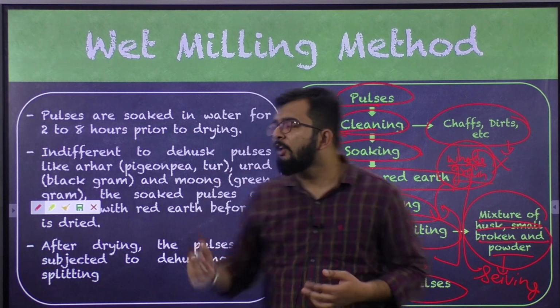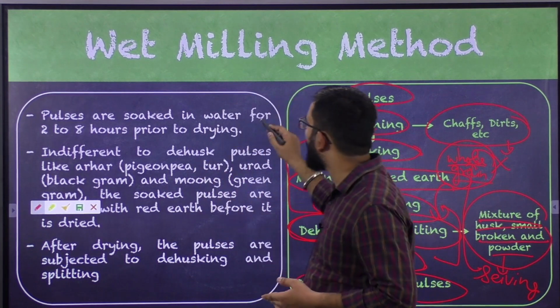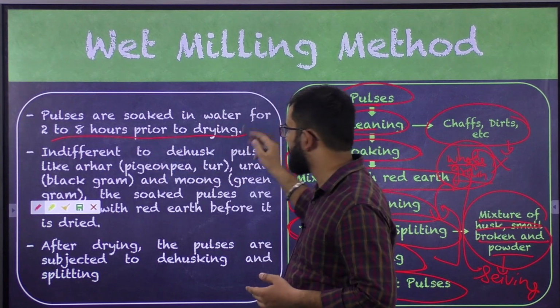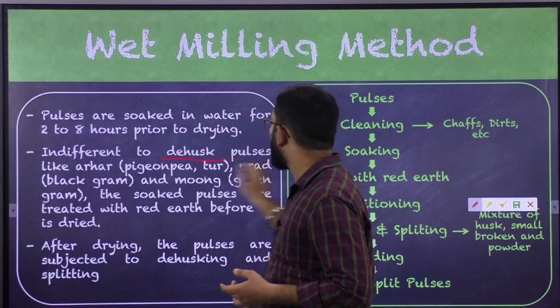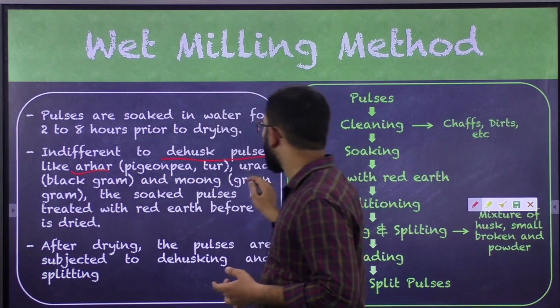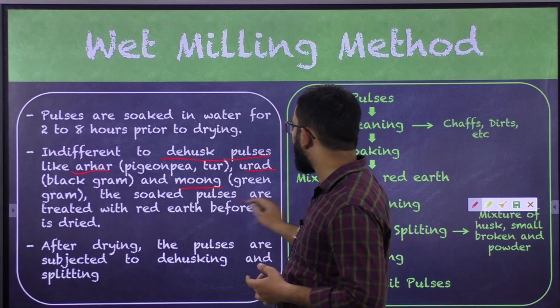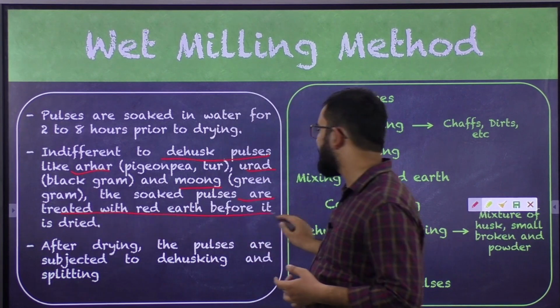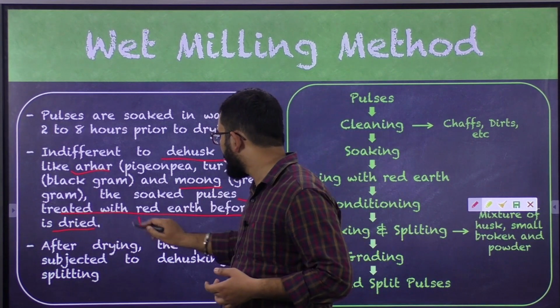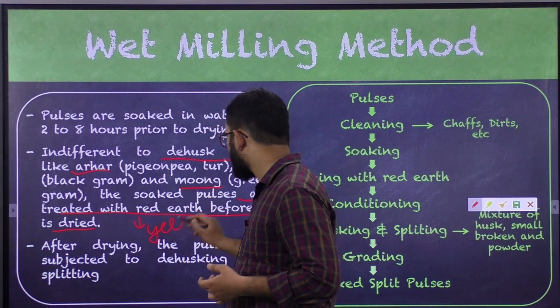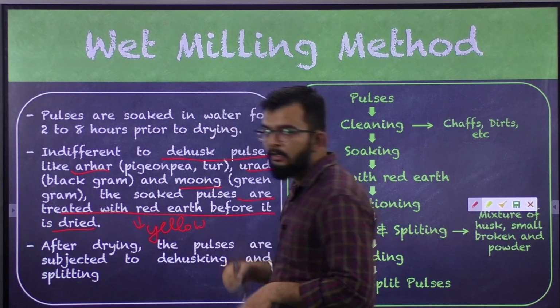Okay. So now under wet milling, pulses are soaked in water for around 2 to 8 hours, as discussed prior to drying. In dehusked pulses like arhar, urad and moong dal, the soaked pulses are treated with red earth before they are dried, in order to give them a yellow color.